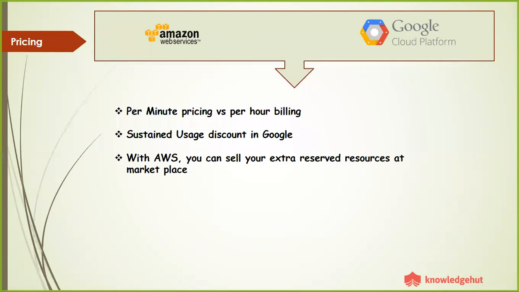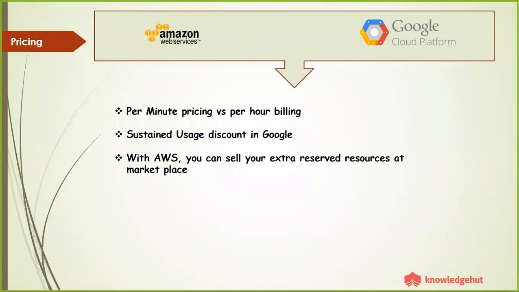With AWS, you can sell your extra reserved instances in the marketplace. They have a different kind of price category, which they call reserved instances, where you pay for 1 year or 3 years, and then those resources are yours.